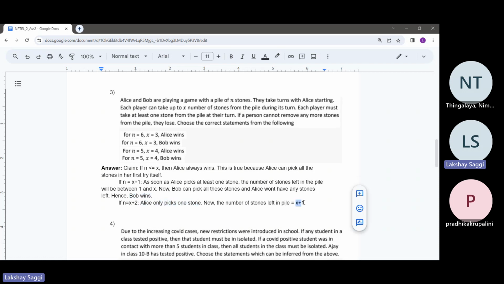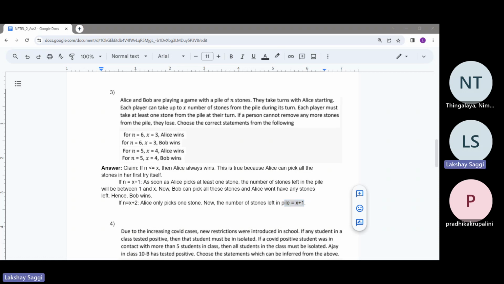Now the number of stones left in the pile is again x plus 1, but the roles of Alice and Bob have switched, because Alice has already had her turn, so now Bob will pick. Earlier, if the number of stones was x plus 1 and Alice was picking, Alice was losing. Similarly here, if the number of stones is x plus 1 and now Bob is picking, Bob will lose.